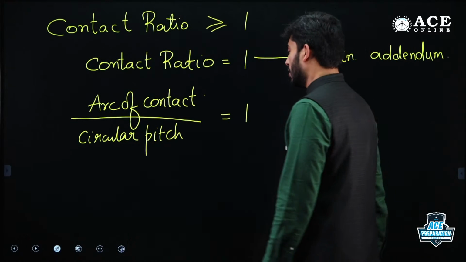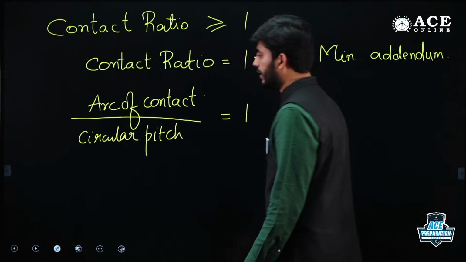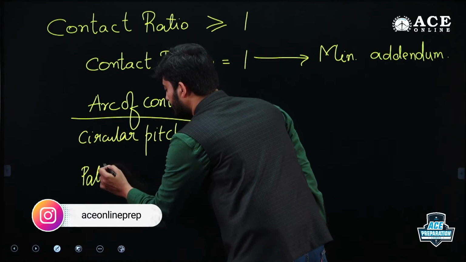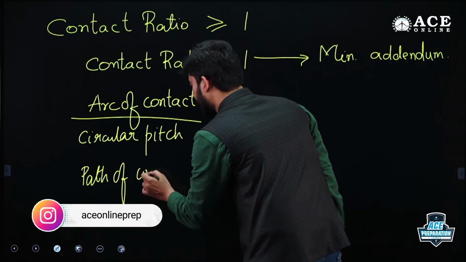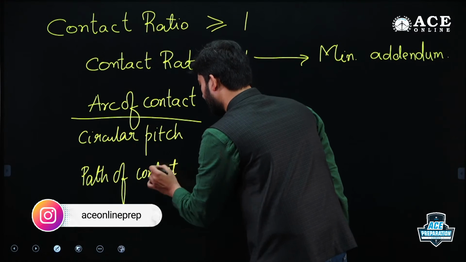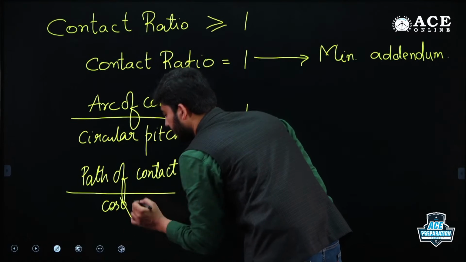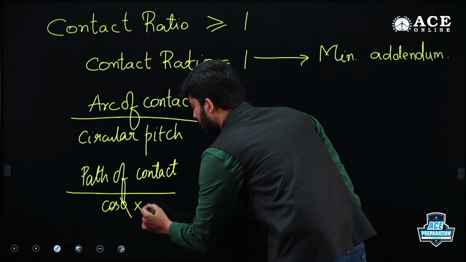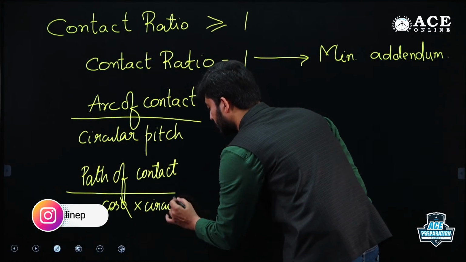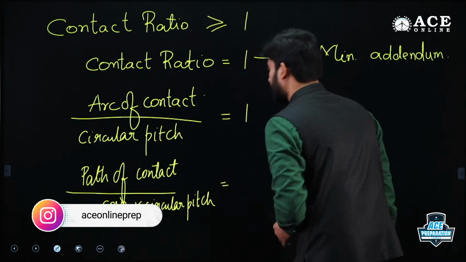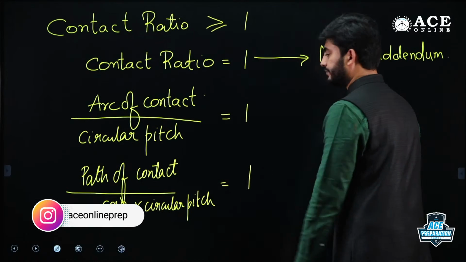Arc of contact is nothing but path of contact by cos phi, into circular pitch, is equal to 1.